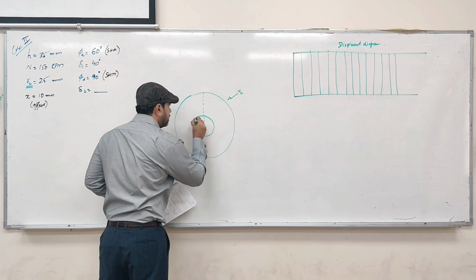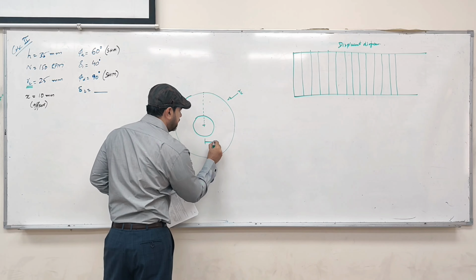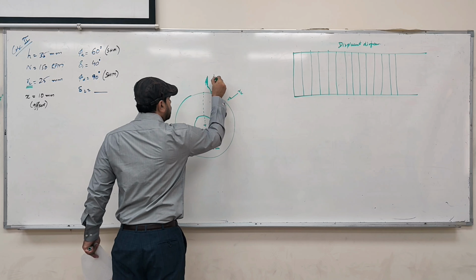So we draw a circle. How much is the offset x? 10 mm. And then from here we draw a straight line, and this will be our follower.